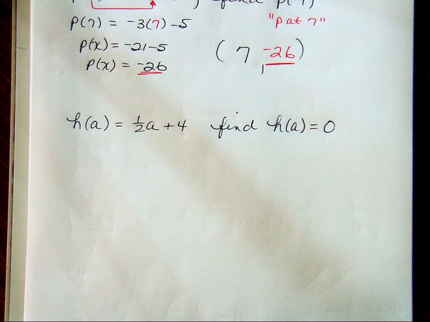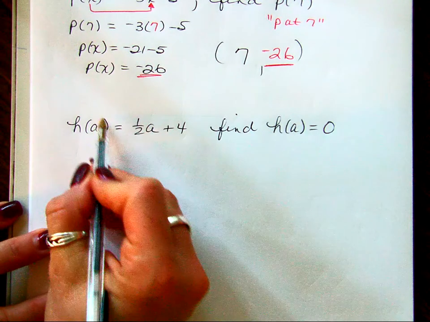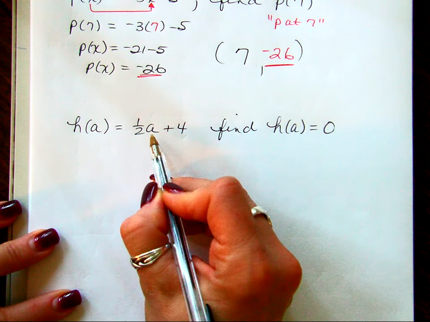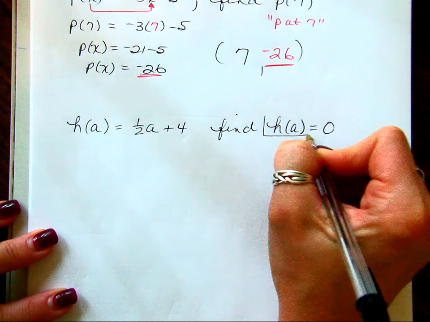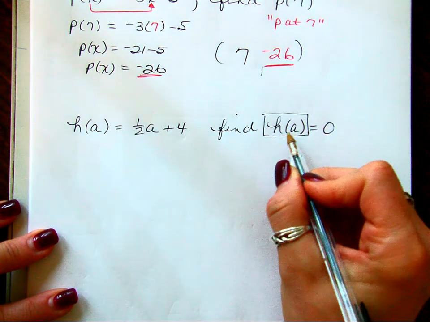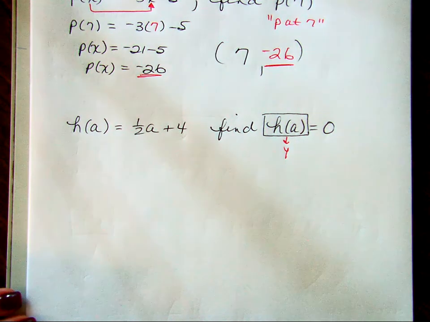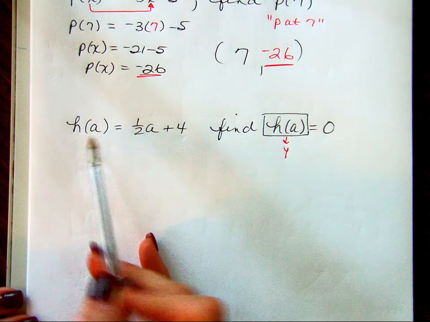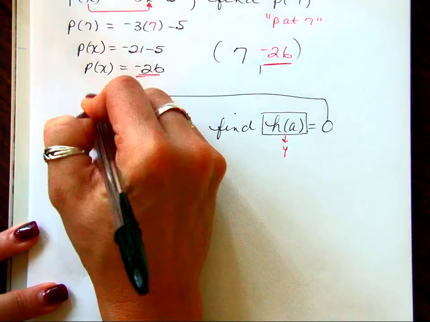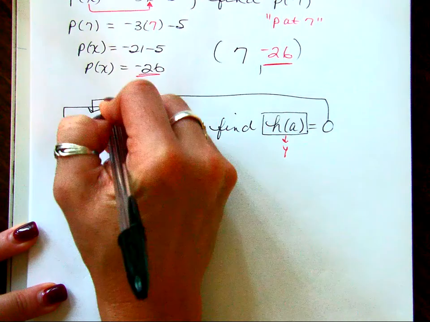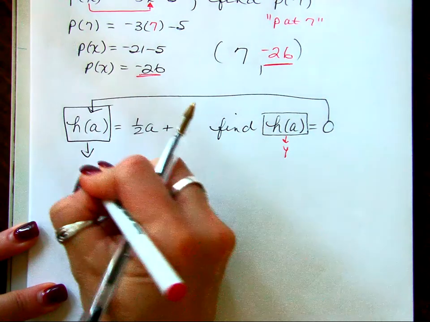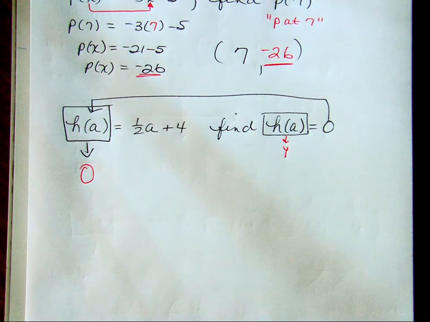Do you put it in for this whole thing or do you put it there? So what I like to do is say it's not in the parentheses. h of a, which is really y, is equal to 0. Where is y usually? Here. So this is going to go right there, and 0 goes there. Are we good? Does that make sense? Okay.